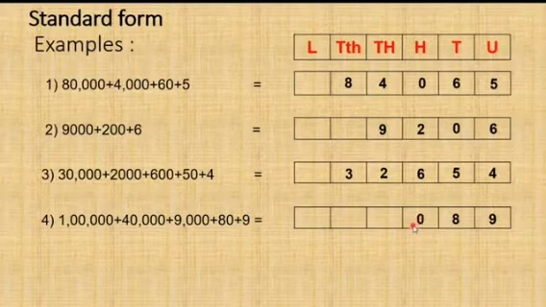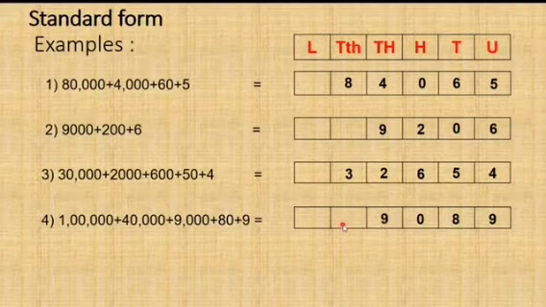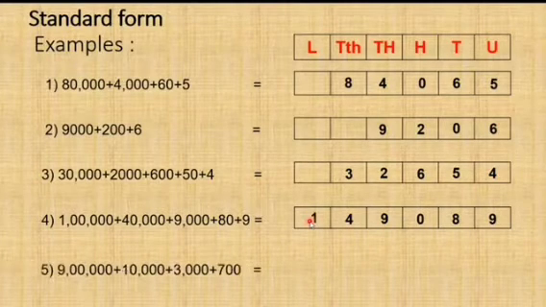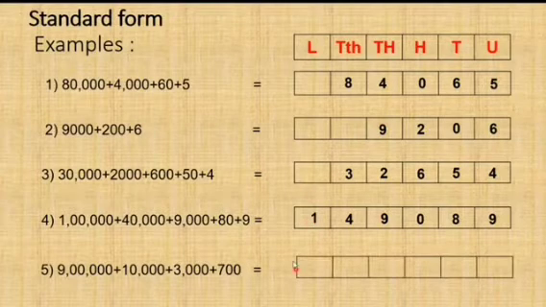We don't have a digit in the hundreds place, so we fill it with 0. Now 9 in the thousands place, 4 in 10,000s, and 1 in lakhs place. Now for another last example, okay? Yes. Children, all of you are doing it along with me, right? Yes, very good. Otherwise, you'll not get a hold of it, child.